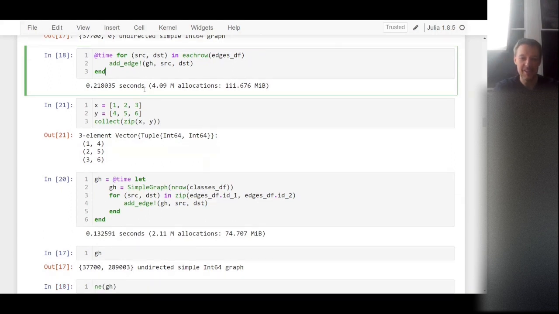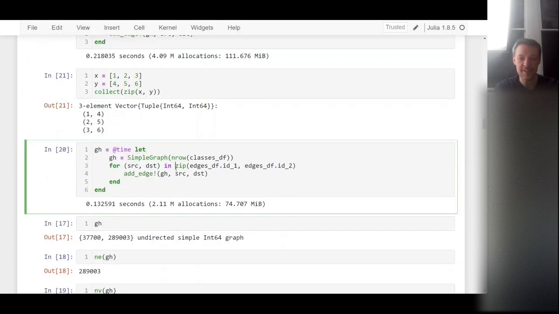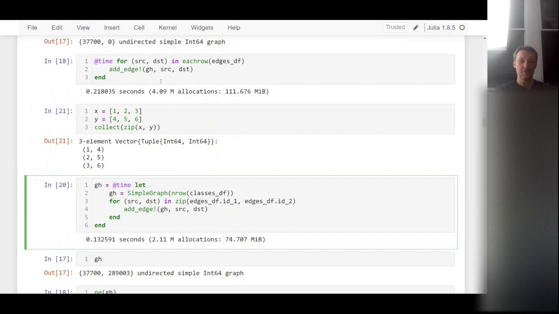While this let operation and this zip allows me to pass to the Julia compiler information about types of variables. And if Julia gets information about types of variables, then it can optimize the code better. This was something that Przemysław was showing earlier with this code analysis that Julia generates. So, this twofold speedup is just because I rewrote the code a bit to make it more compiler friendly.